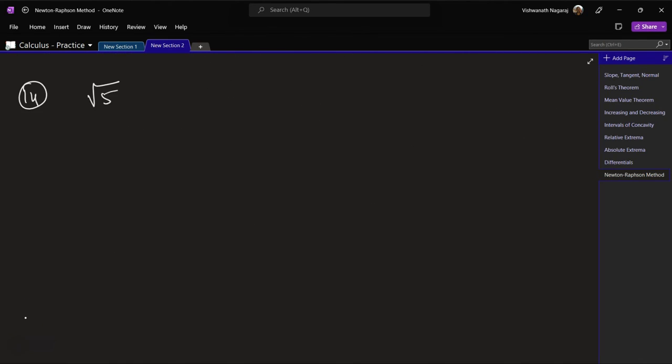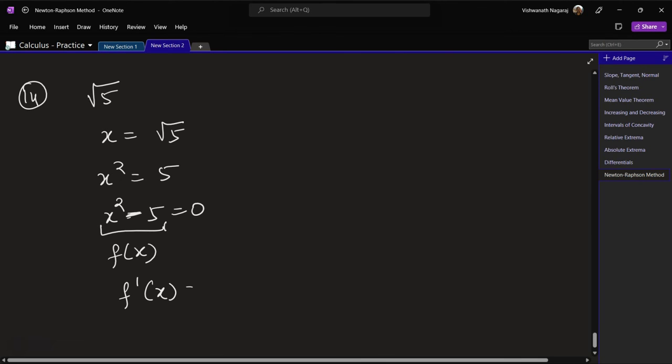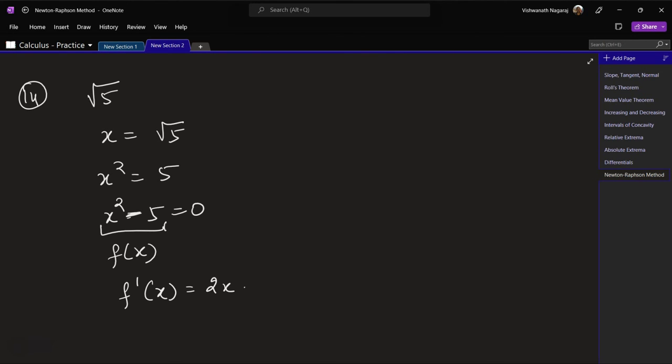Now 14, let's look at the square root of 5. So x equals the square root of 5, x square is equal to 5, x square minus 5 equal to 0. So this becomes our function, and f prime of x is equal to 2x. Okay, now x naught will be what? Again, we have to make the guess.